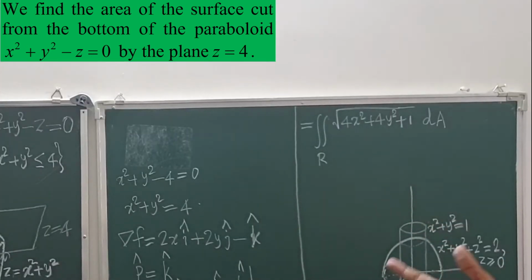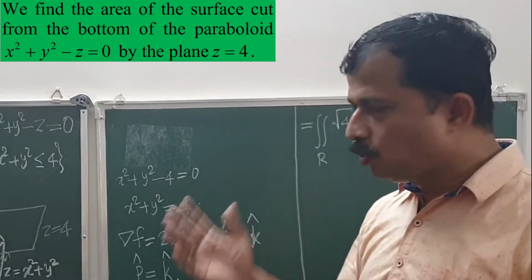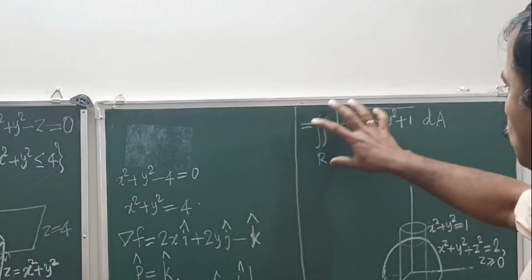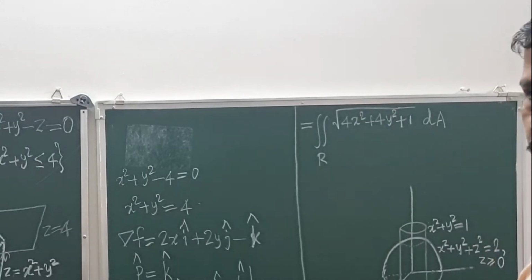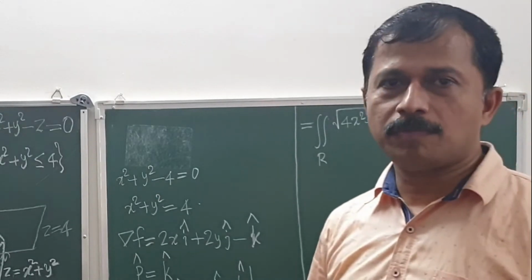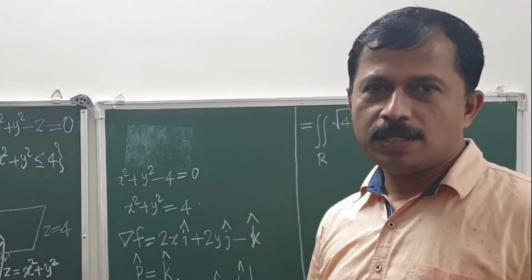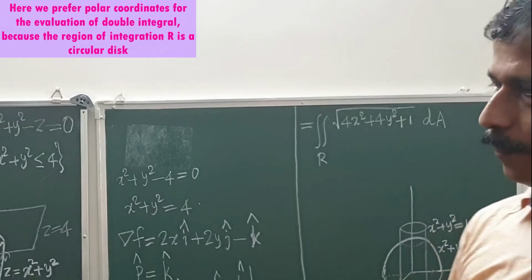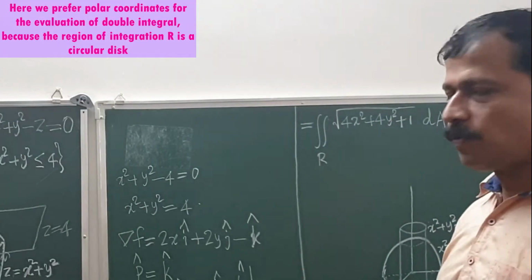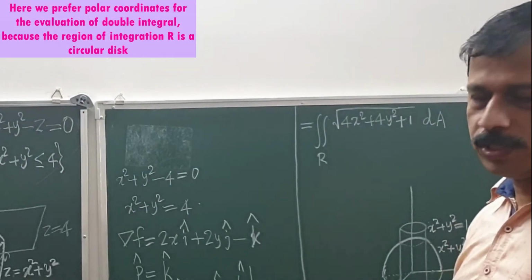And if we use Cartesian coordinates to evaluate this double integral, that will be time consuming, and sometimes it will give us non-elementary functions for integration. So in this situation we prefer polar coordinates.